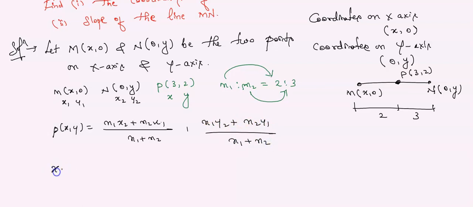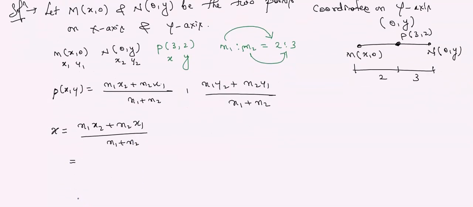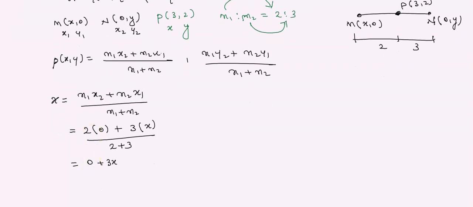To find x, x equals (m1 x2 plus m2 x1) by (m1 plus m2). Substituting, m1 is 2 into x2 is 0 plus m2 is 3 and x1 is x, divided by 2 plus 3. 2 zeros are 0 plus 3x, divided by 5. We are finding the value of x.